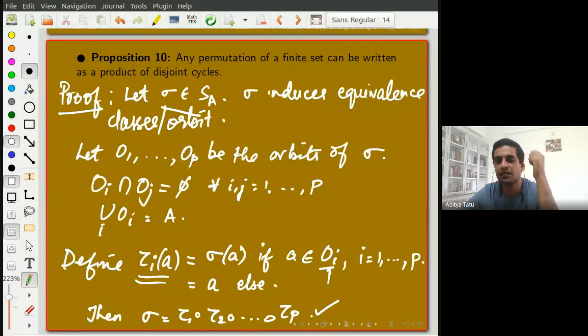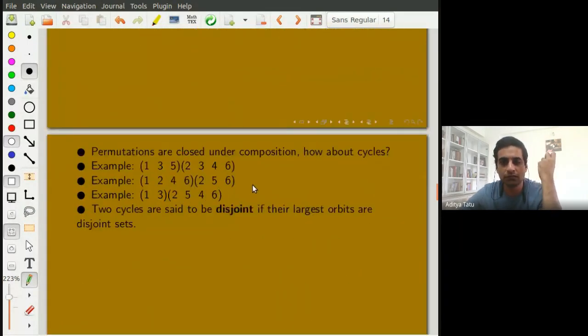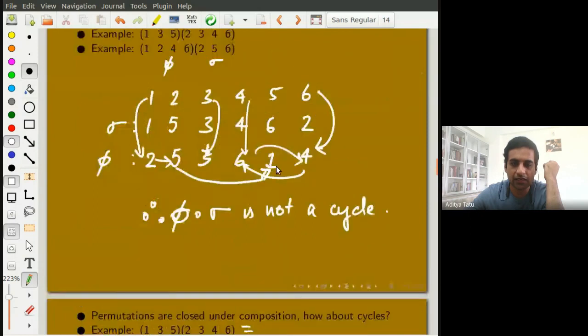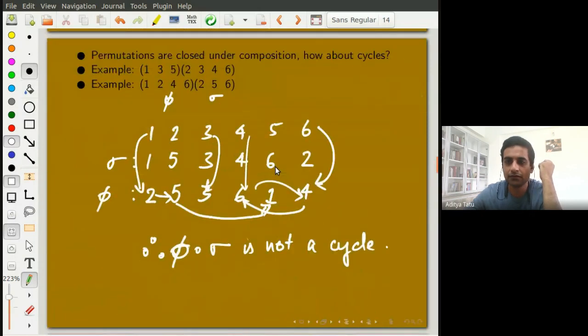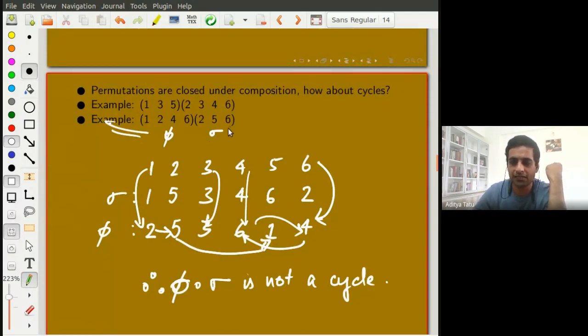The product of two cycles. Okay, basically, the composition of functions. So, do you want me to repeat this example? I can show this thing. Okay, so let's take this second example, right? These cycles, please remember, are nothing but permutations, a special kind of permutation. And permutations are nothing but bijective functions.